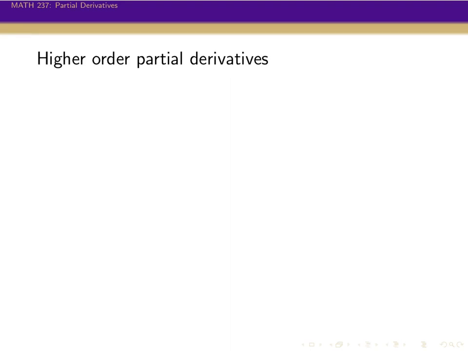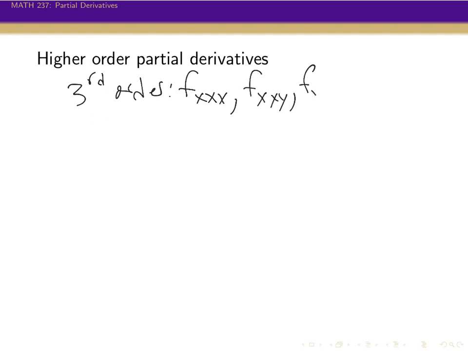For the third order partials, there's lots of them. So I'm just going to write them in terms of the f. We have 3 in terms of x: f_xxx, f_xxy, f_xyx, f_yxx.